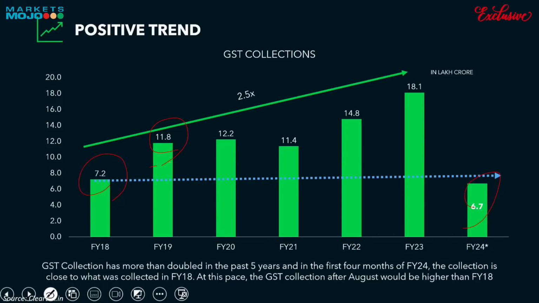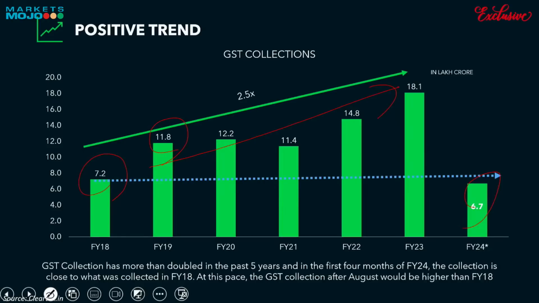And if you look at the data, it's increasing every year, except FY 2021. There is a very high probability that India would see more than 20 lakh crore of GST collection in FY 2024, which is a huge rise from 12 lakh crore.